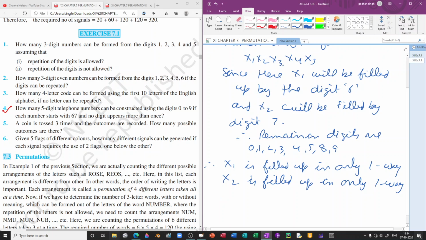And what about x3? Because repetition is not allowed, we have 8 digits remaining. Out of 8 we can put any in place of x3. So x3 can be filled up in 8 different ways.